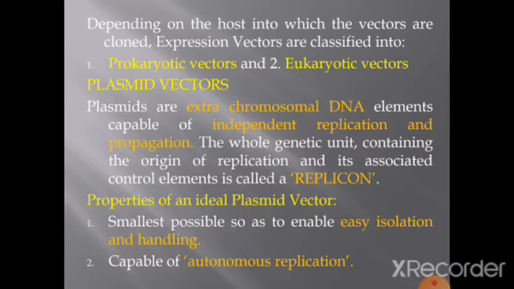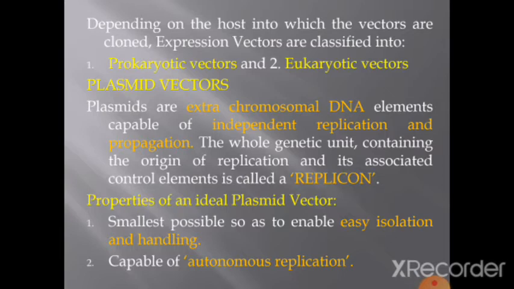Another teacher will be teaching you about recon, muton, etc. in another genetics class, but right now we just need to know what a replicon is. So plasmids are extrachromosomal DNA elements capable of independent replication and propagation, and that entire unit containing the ori of replication and relevant associated control elements is called a replicon.